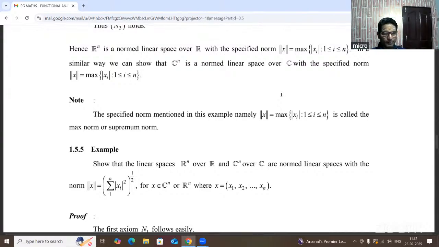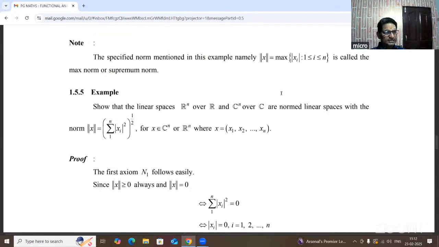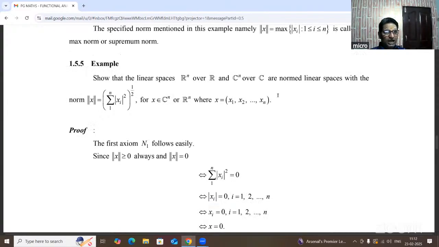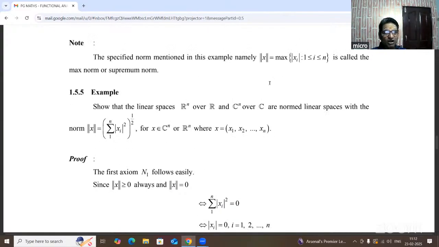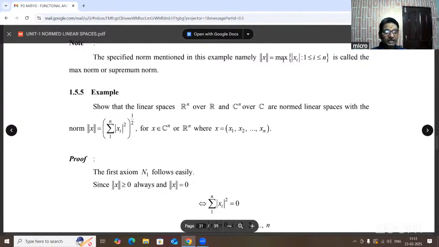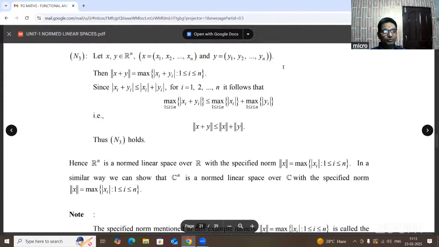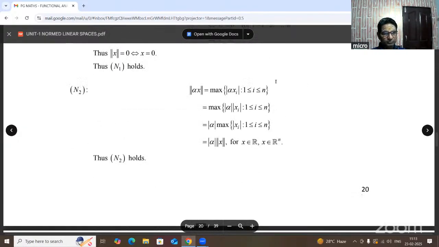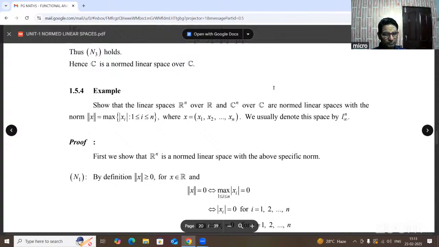You just have to practice the above expression. Now the above value is norm x equal to maximum of mod xi.